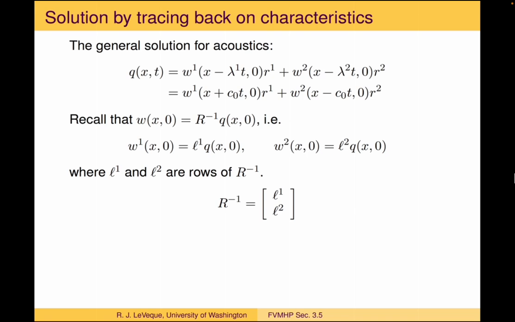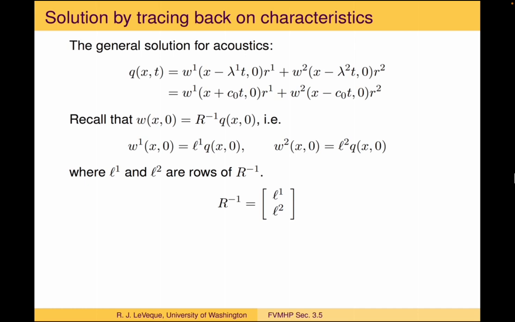Another way to look at this is that we can define the characteristic curves just as we did for the advection equation. We can define characteristic curves for the acoustics equations and see that these characteristic components are constant along those characteristics, and therefore we can think about finding the solution at a general point by tracing back along a characteristic.